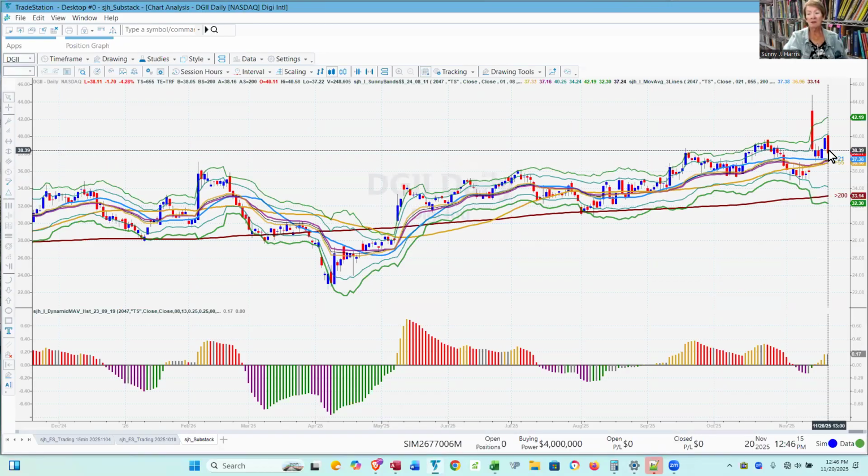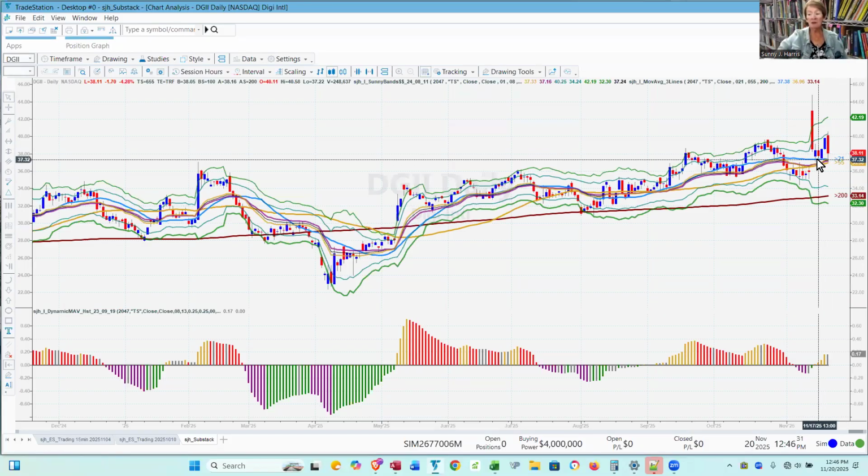So I think this is going to come down and touch the DMA, which is also where the 21 moving average is. And then it will decide what it wants to do from there. It's likely it will bounce on the DMA and it may just bounce around for a little while on the DMA. It does that a lot too.